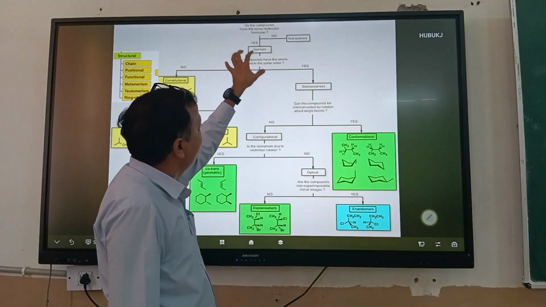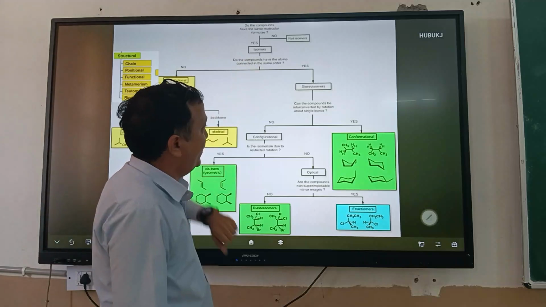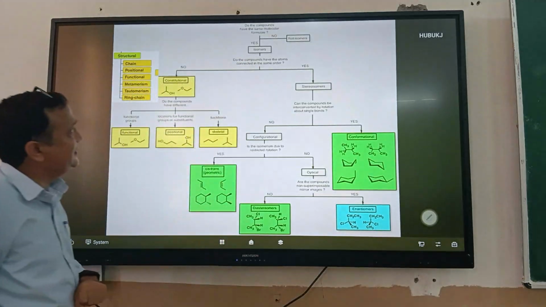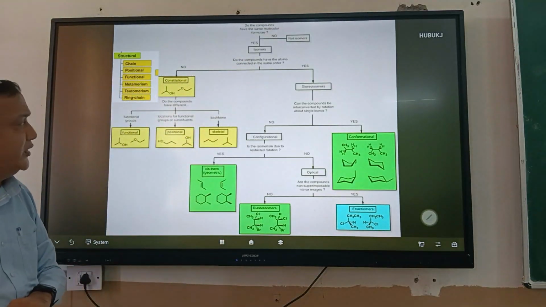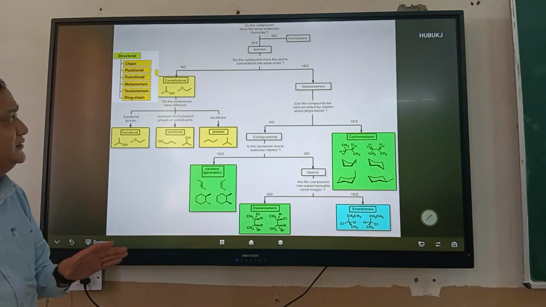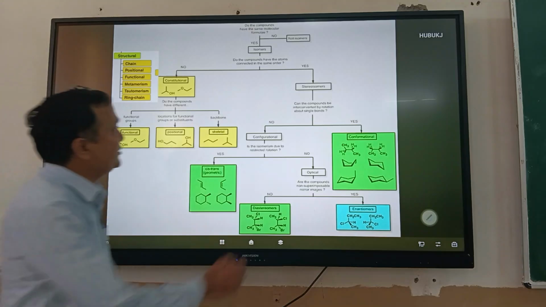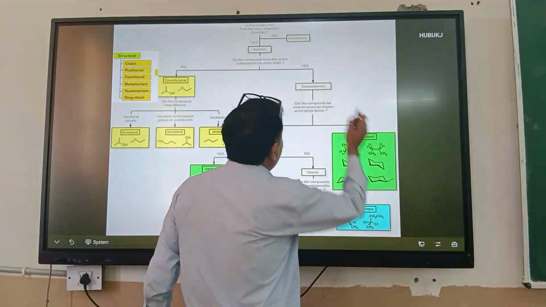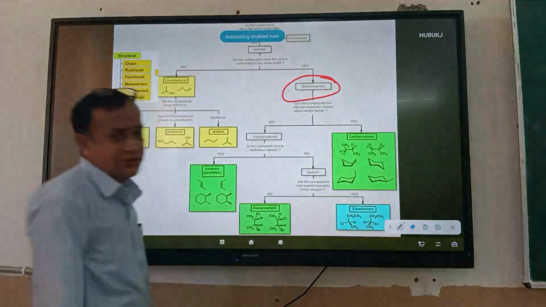After isomers, you have to classify. You have to find out whether the connectivity between the atoms is the same or different. If the connectivity between the atoms is the same, then those isomers are known as stereoisomers.